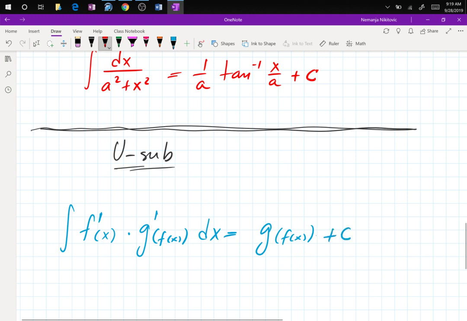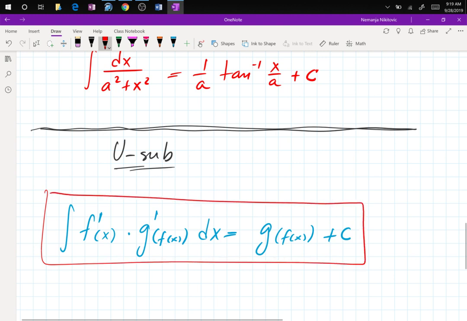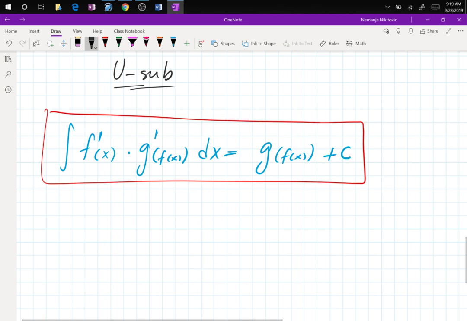So this formula is busy and it doesn't really tell you anything until you work out the example.